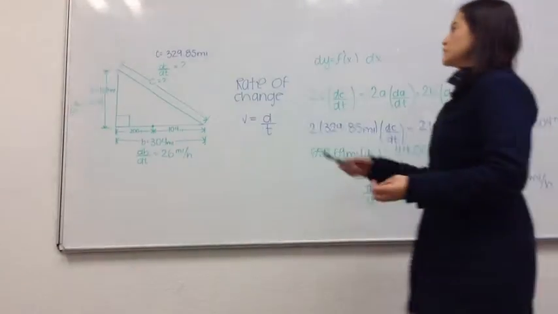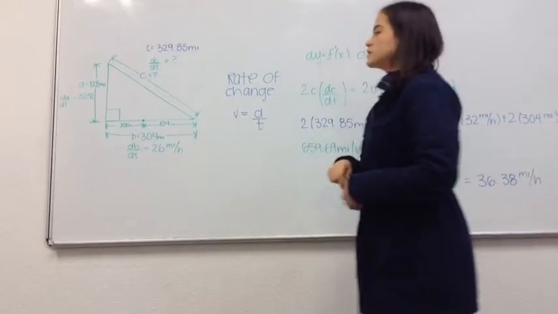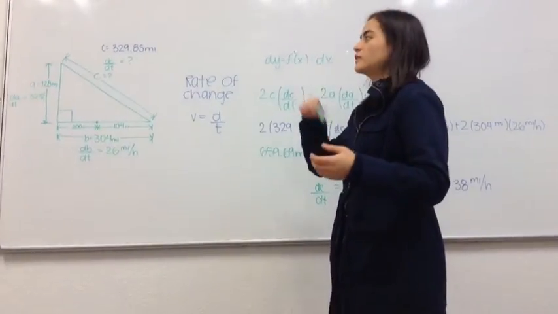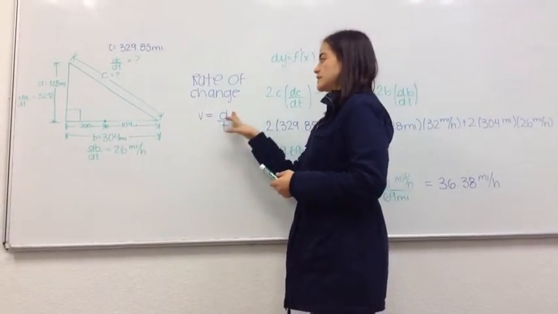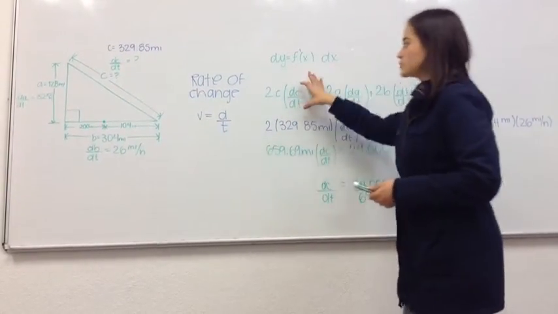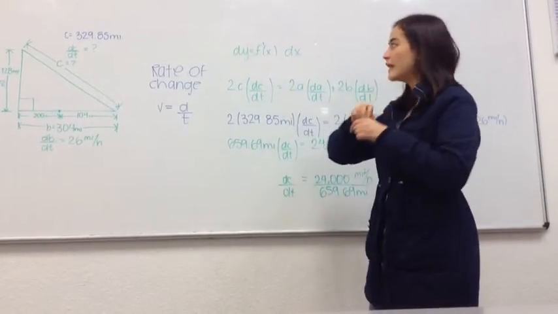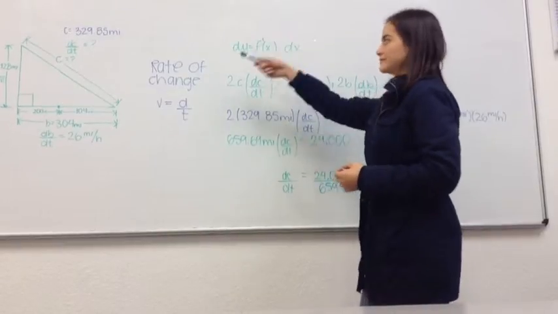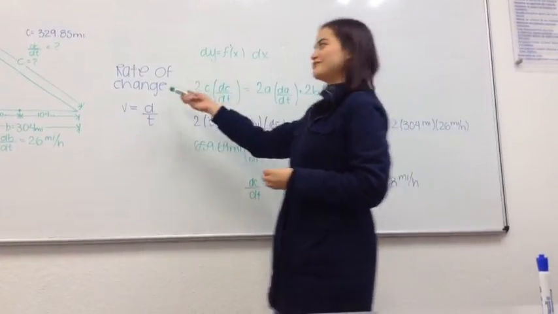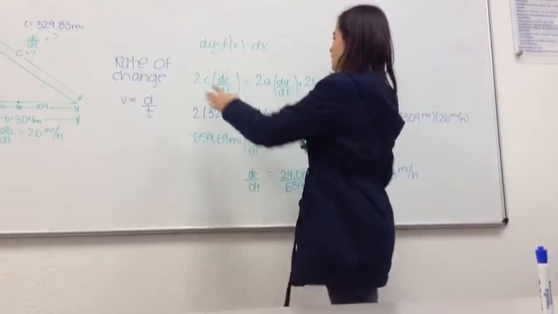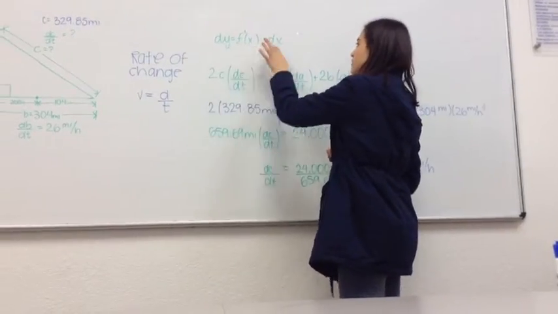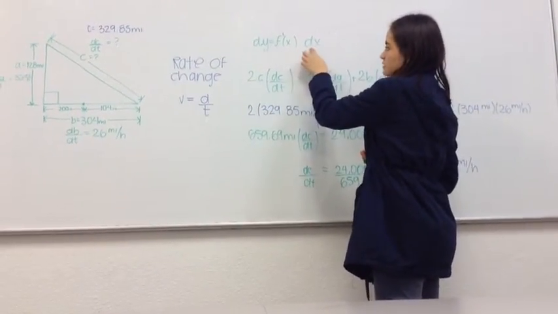Okay, now we have to obtain the rate of change, and before we obtain it, we have to know that the velocity is equal to the distance over time. That's why we write this formula for the rate of change. So we obtain the derivative, and then we multiply it times dx.